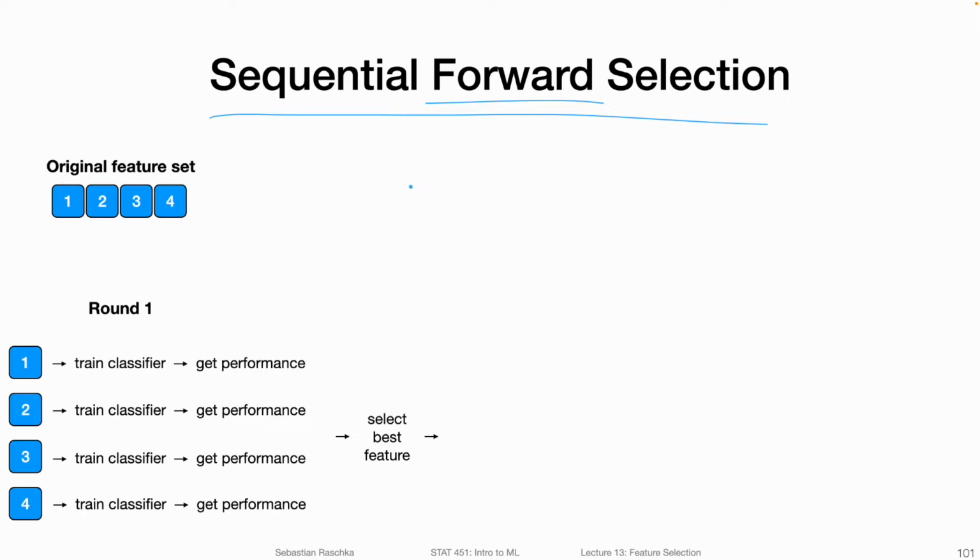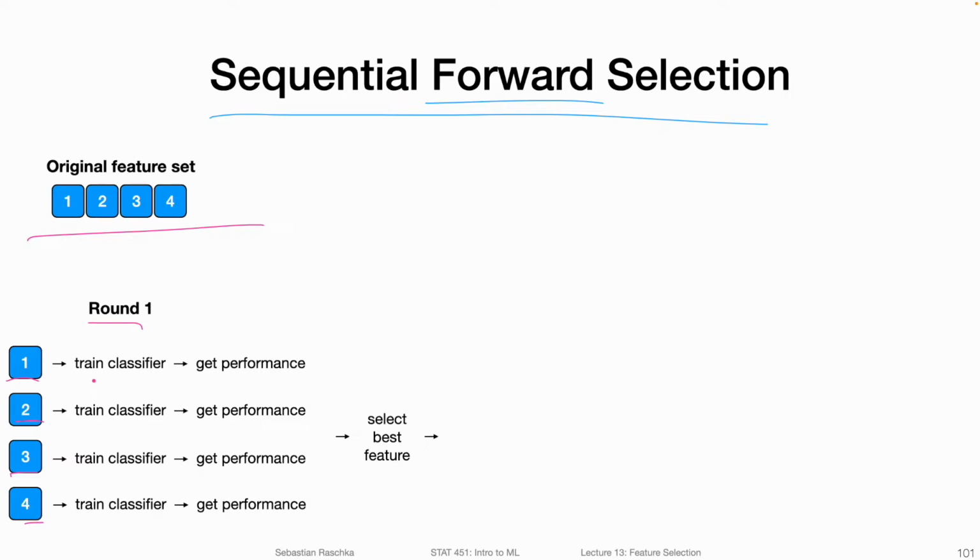So I'm trying to illustrate this here with a slightly smaller data set. So instead of using 29 features, we have a smaller set consisting of 4 features. In backward selection, we would remove one feature at a time, but here we are not doing that. We are growing the feature subset. So in the first round, we consider only one feature at a time.